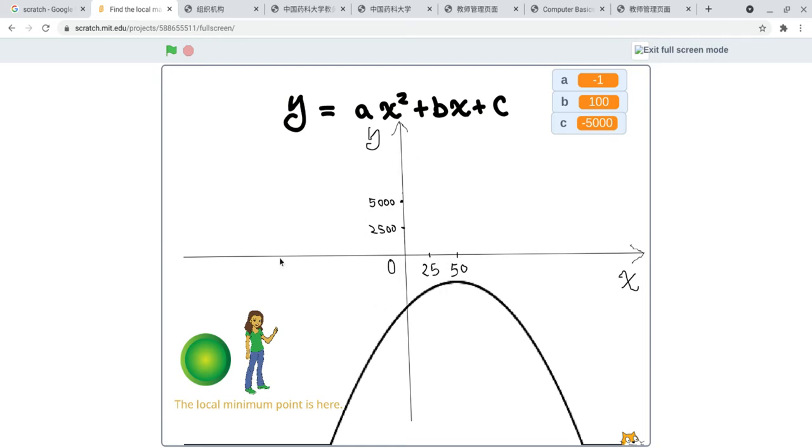The function is exactly like this, but my x-axis, y-axis, and the units I marked may not be so precise, but it's okay. I try to be as precise as possible. There's something you might notice. The unit here is very large, like 5,200, 2,500, but here it is only 50, 25.